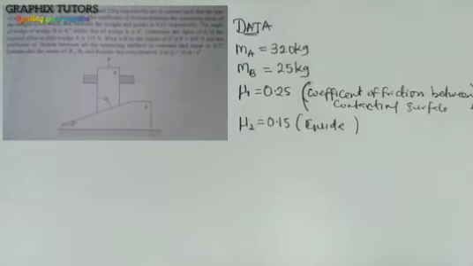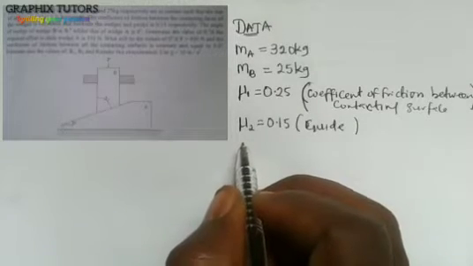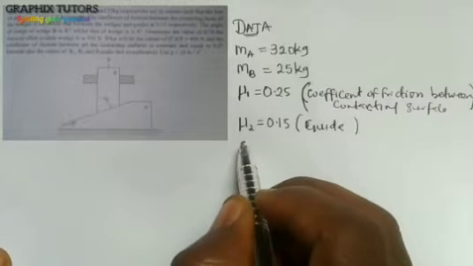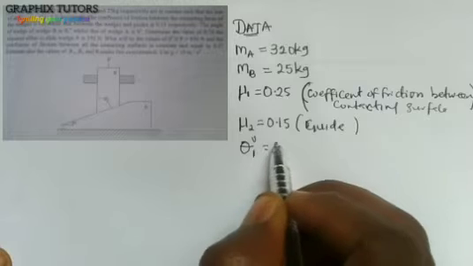It says the angle of wedge B is theta 1 degree, and that of wedge A is theta degree. Determine the value of theta 1 degree. So we have to look for the value of theta 1 degree.